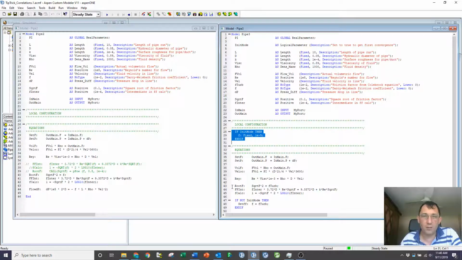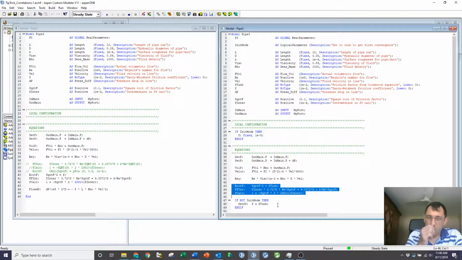And then in the equations for the Darcy-Weisbach system, rather than calculating F, I'm calculating F turbulent. So what it's doing is it's sort of decoupling parts of my problem and allowing me to solve maybe some complex nonlinear equations, but not force the pressure flow relationship to cascade through the rest of my model.